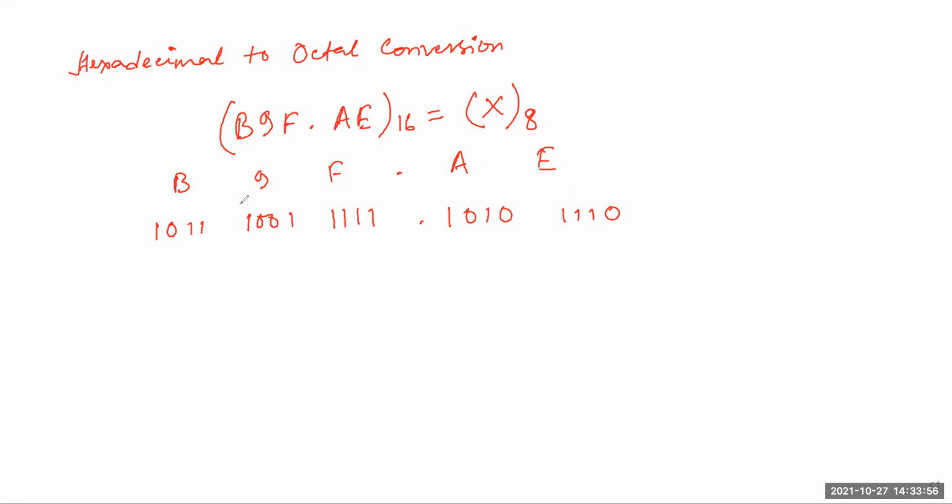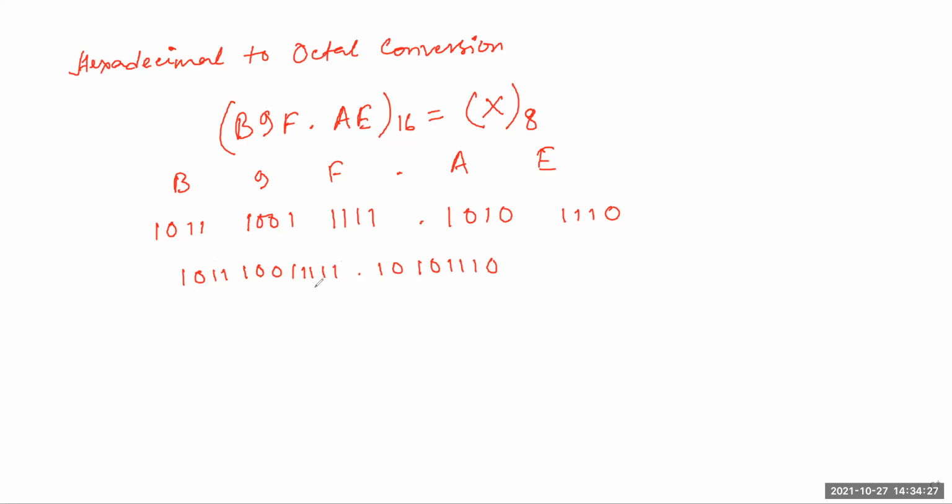From this binary number, I am writing it again here. So this is the binary number. Now from this, you convert each 3-bit group and then you will get the octal number.